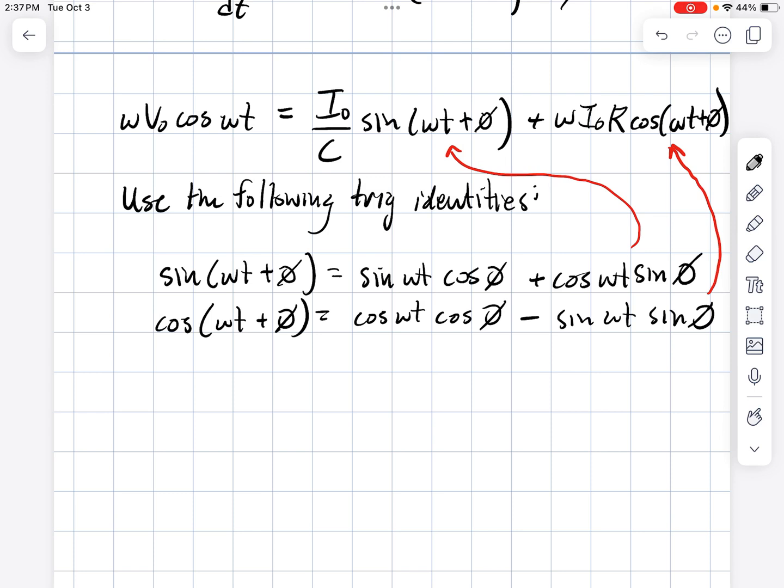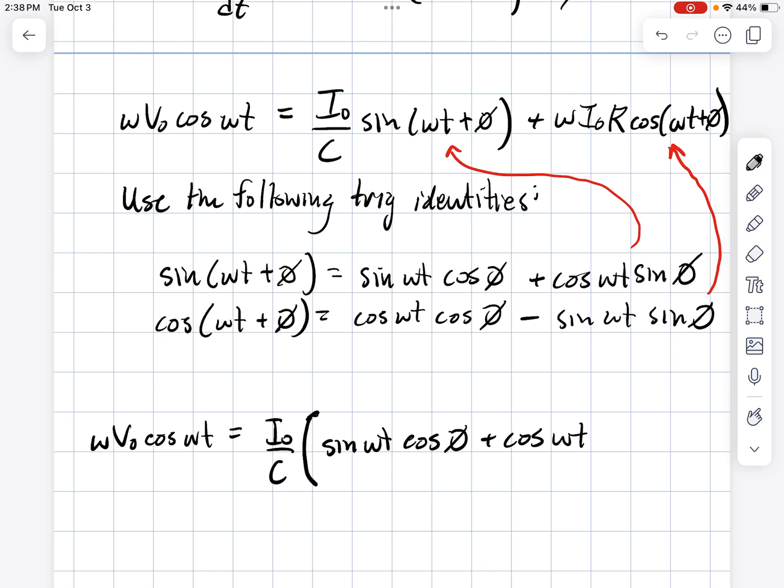Nothing happens on the left side, so we still end up with omega V naught cos omega t is equal to I naught over C, and then I'm just going to write that identity out. I'm not going to make any other changes. So we'll have sine omega t cos phi plus cos omega t sine phi.